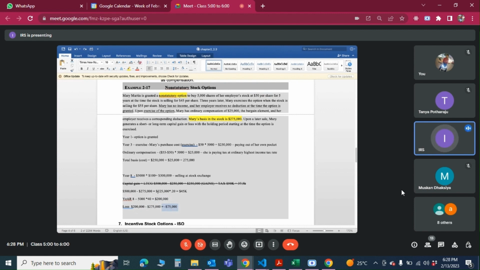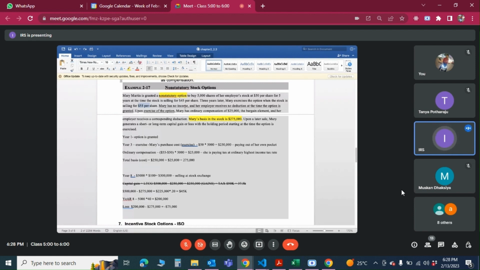These are all capital losses and capital gains. It has nothing to do with compensation income. Only the difference between the fair market value and what she is paying will come up as ordinary compensation.